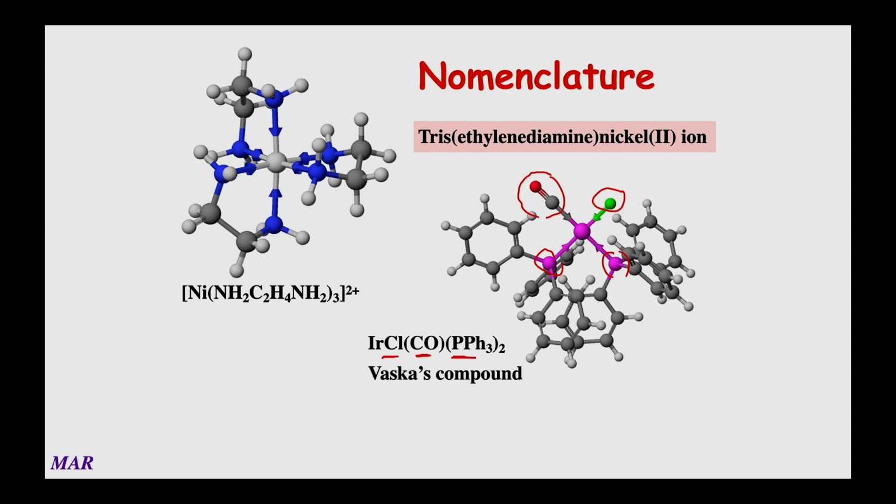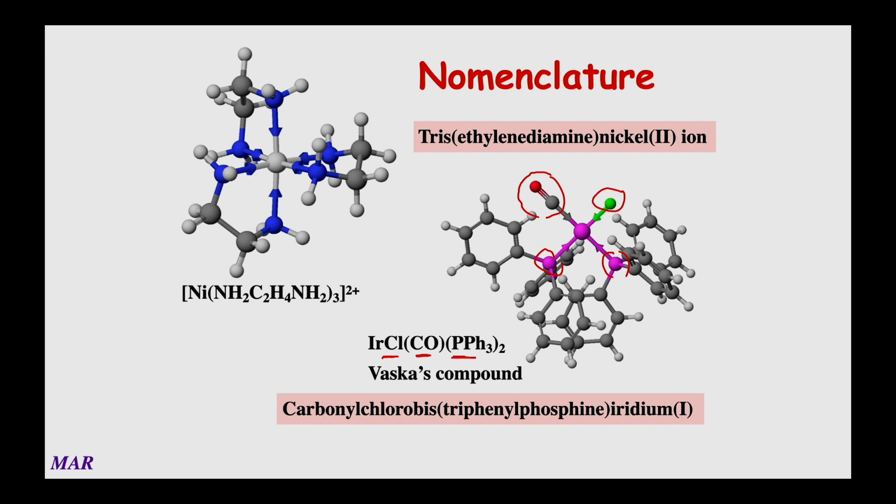And then finally, we have to think about what the charge is on the iridium. Well, triphenylphosphine is neutral, carbon monoxide is neutral, chloride has a -1 charge, and this compound is neutral. So that must be iridium 1. So this whole thing is carbonyl, chloro, bis(triphenylphosphine), iridium 1.